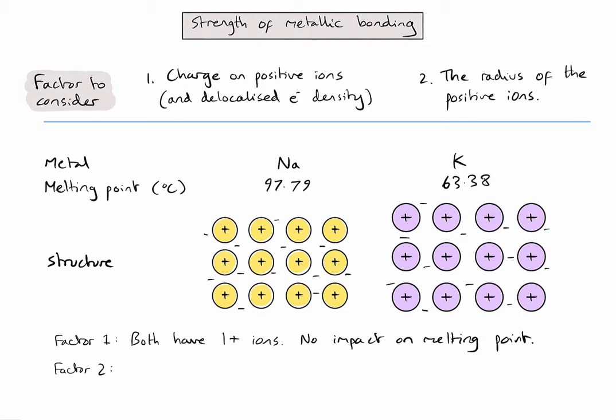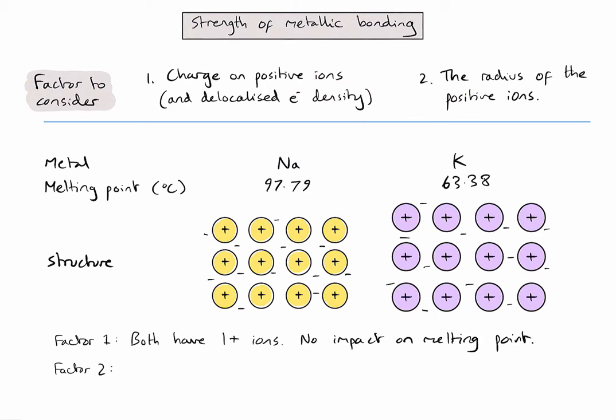And you'll notice that in the drawing of the structure of potassium, the radius of the positive ions is much greater than sodium. This is because potassium is below sodium in group 1, therefore has more energy levels containing electrons, so a much larger radius.